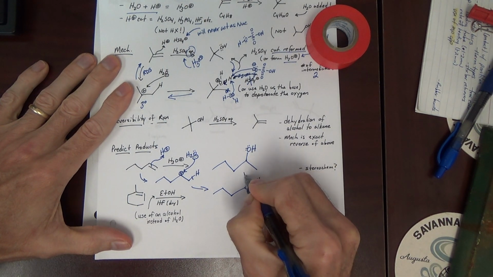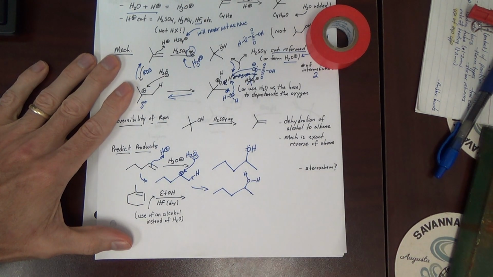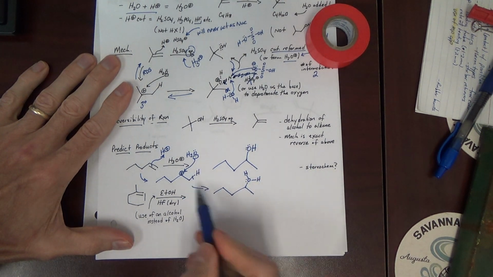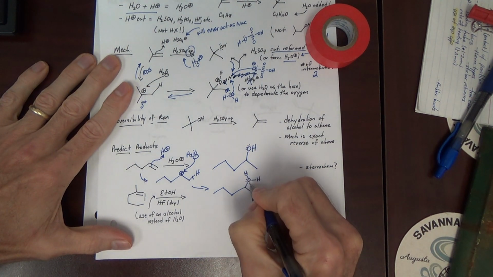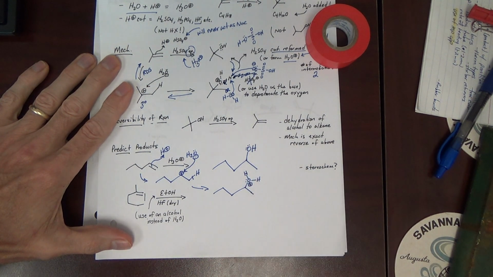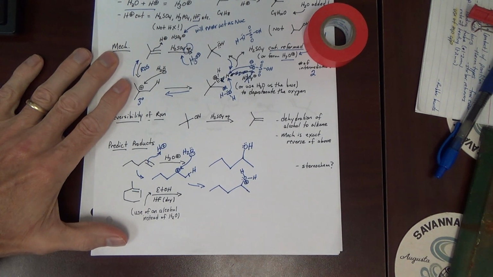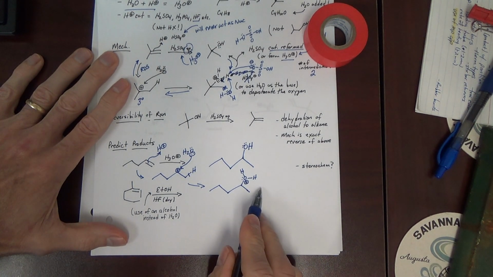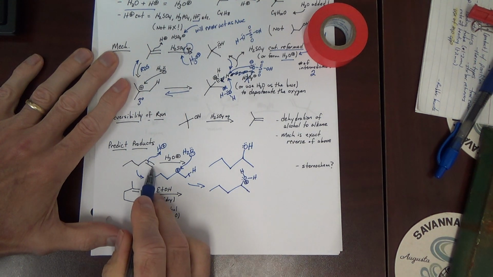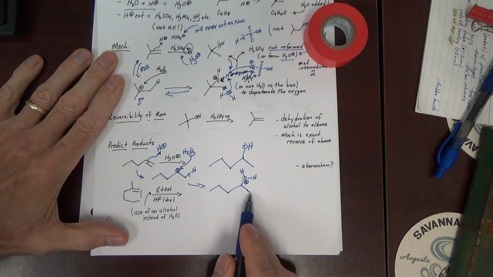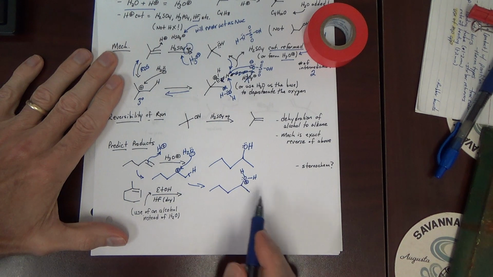Two H's remain. We don't magically lose H's. One lone pair remains. The other lone pair is now a bonding pair to the carbon, and that is a positive charge. The carbon still has the new H. I'm no longer going to draw it. There's two H's on the carbon. The carbon now has three H's.